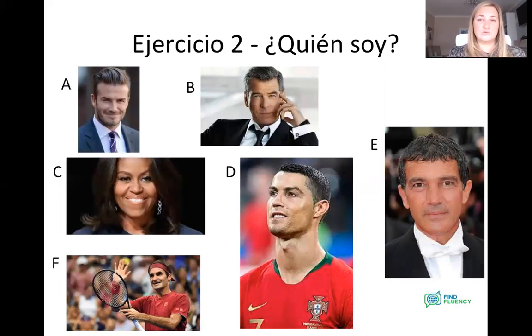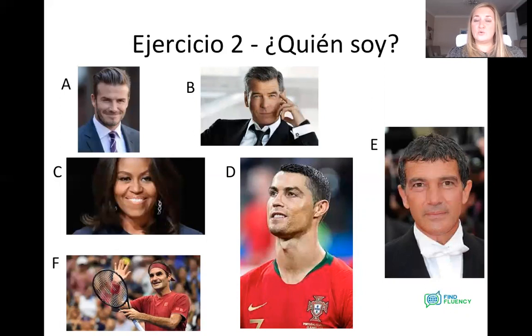Number 1, número 1. Soy de Portugal. Number 2. Soy de Irlanda. Number 3. Soy de Suiza.